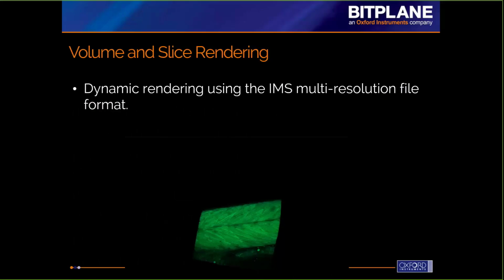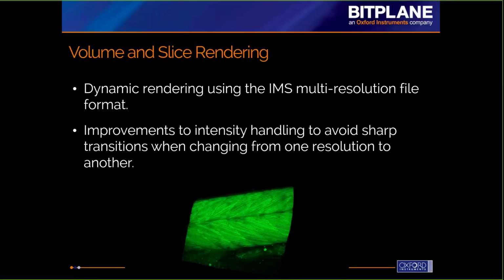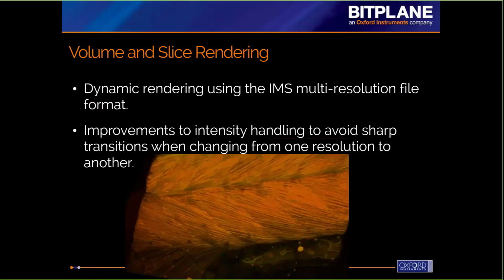And so we're making sure that we're optimally using the graphics card memory to show you the most important bits of the image. And so we're doing this dynamically, and I'm going to show you a movie now of how we're handling it now.